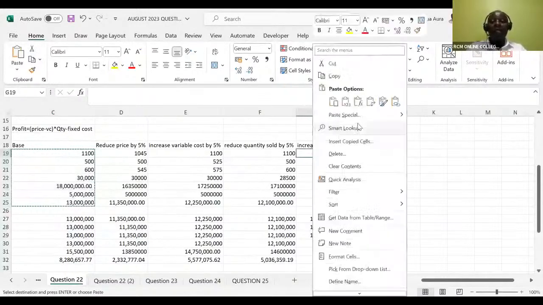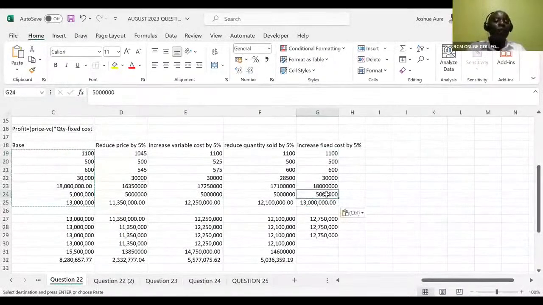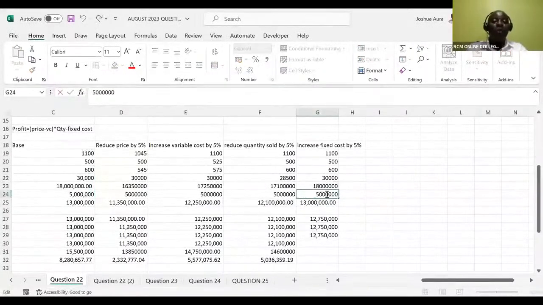Right click, this formula. And then now, because I'm only changing fixed cost by 5%, I came to this 5 million, the fixed cost figure. All right. Made it live by saying F2. Then I said I'm increasing this by 5%. So times 1.05. Of course, it can't go anywhere if I don't say equals here.